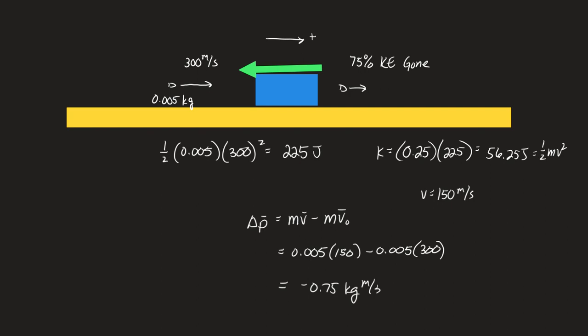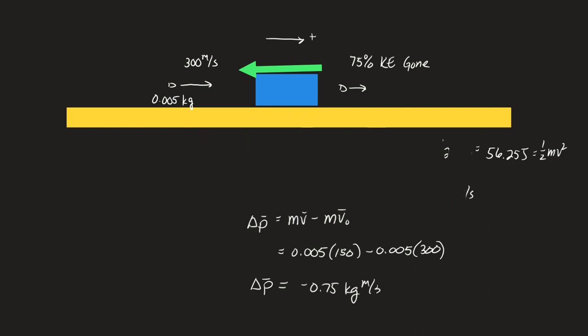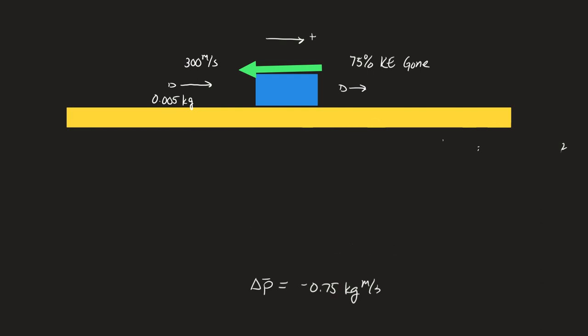If you would pull this example back up, I want to have a reminder that the impulse was negative 0.75, because I'm going to erase everything that's here.